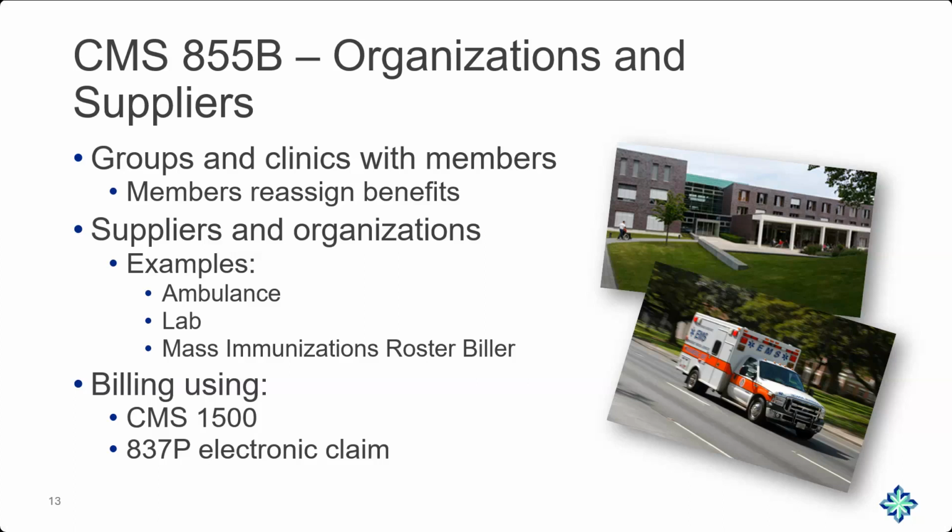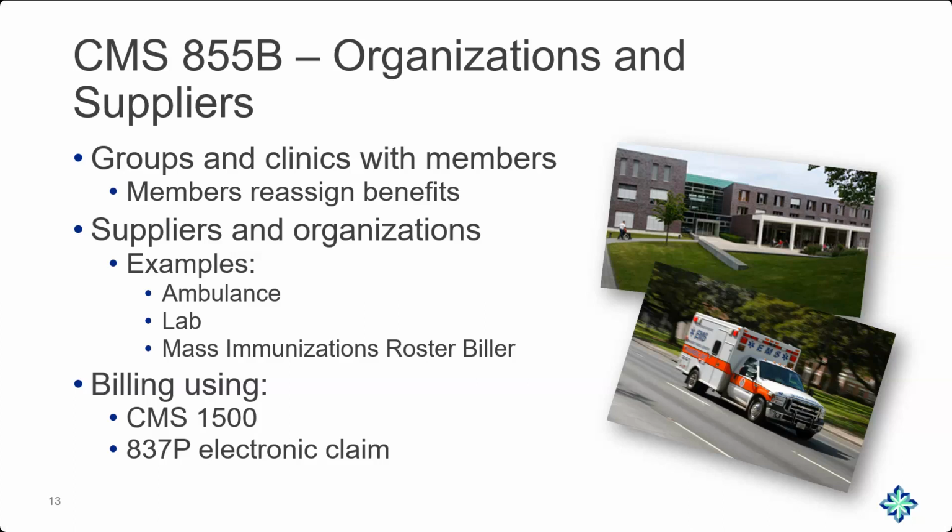It's also used for suppliers and organizations. What we mean by that is going to be an ambulance supplier, a clinical lab, a mass immunization roster biller, an IDTF, which is an independent diagnostic testing facility. Most commonly, that's going to be things like MRIs. These are going to be pharmacies, which would also kind of be a spinoff of the mass immunization roster biller, but they're going to be those organizations and suppliers that don't have individuals reassigning benefits.